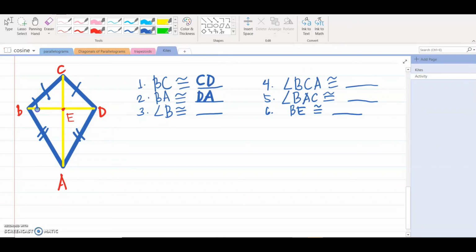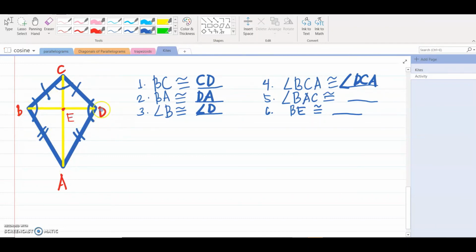Angle B is congruent to this angle, so that is angle D. Number 4, angle BCA is congruent to this angle, so that is angle DCA. Number 5, we have angle BAC.